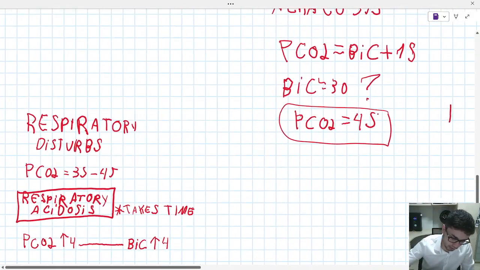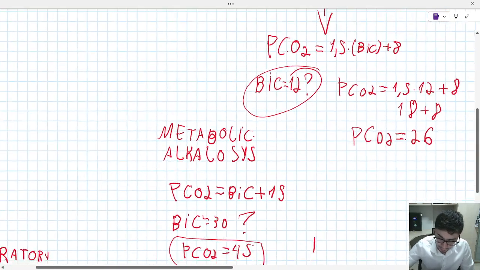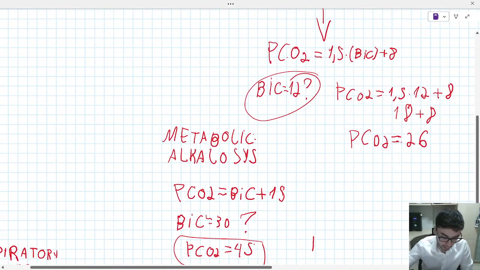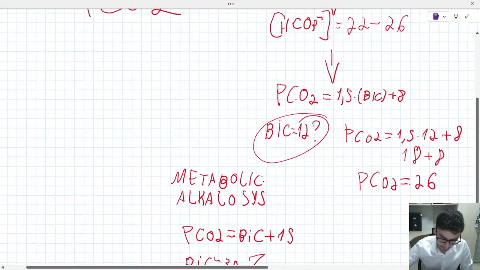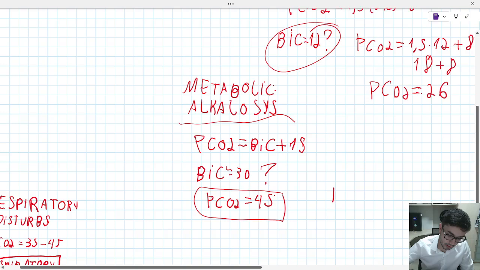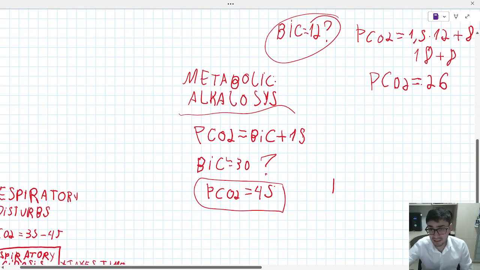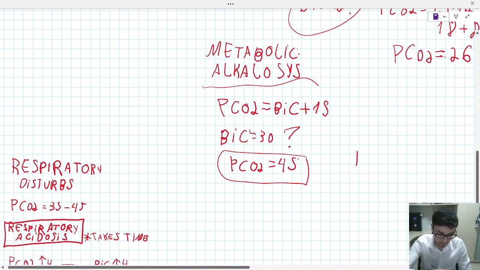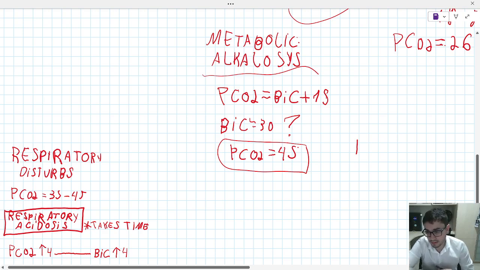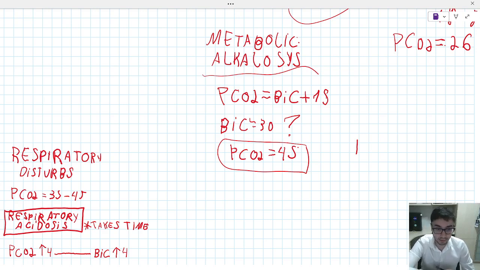Until now we talked only about metabolic disorders, metabolic acidosis and metabolic alkalosis. What if the problem is in the lungs, a respiratory disturbance? First of all, the organ that regulates the bicarb is the kidney. Different from the lungs, the kidney can't change bicarb values very quickly.